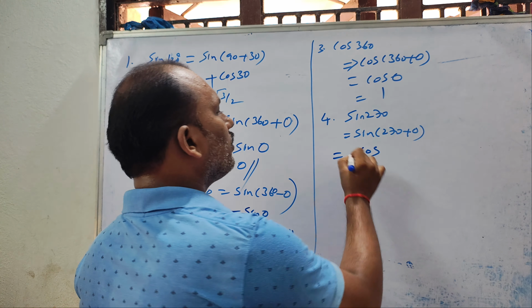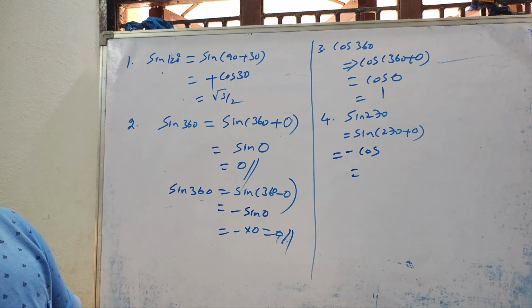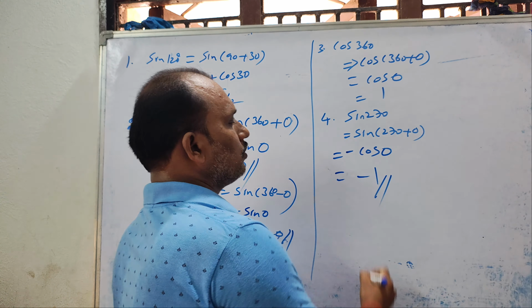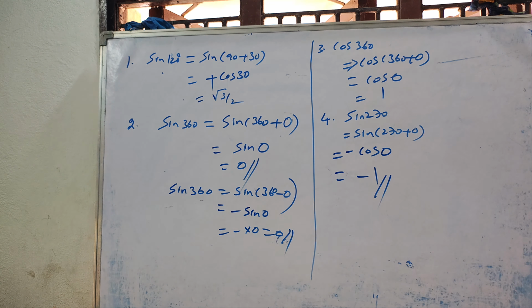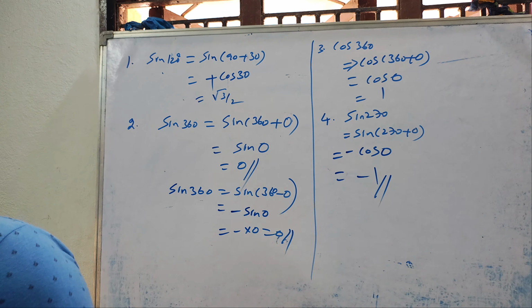First put all silver teacups, which means minus in the fourth quadrant: minus cos 0. Very good. So minus 1. So sin 270, what is the value? Minus 1. Keep in mind.